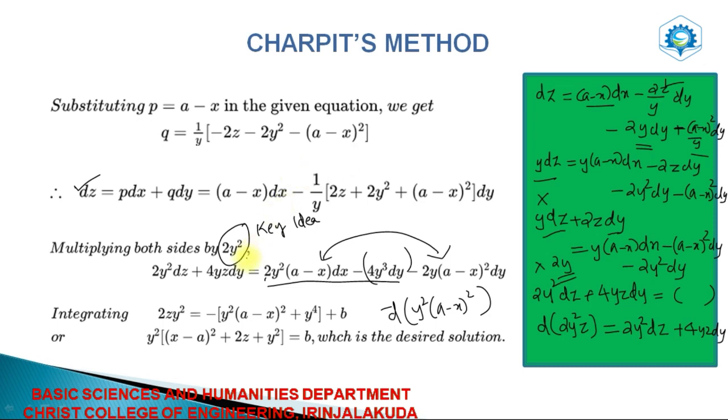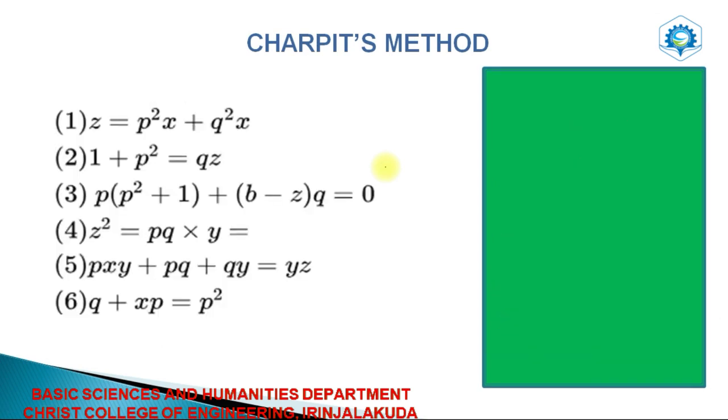Practice will help you to identify how to convert a given equation to integrable form. Multiplying both sides by 2y square is the key idea, which will be obtained only by doing a number of problems in Charpit's method. Let us proceed to our next problem.